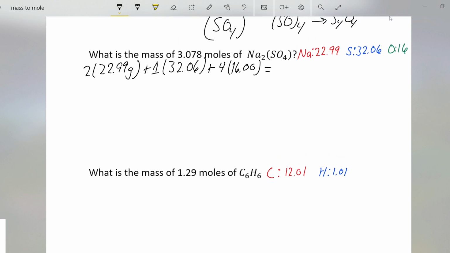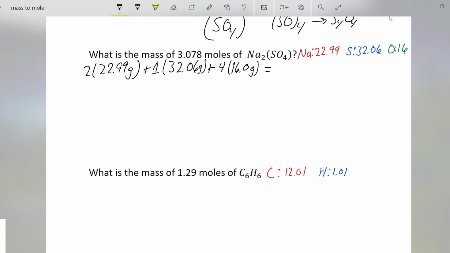So if I take these masses, I forgot my grams on that one, and this also grams. So we have 2 times 22.99 grams for our sodium, 1 times 32.06 grams for our sulfur, and 4 times 16 grams for our oxygen.